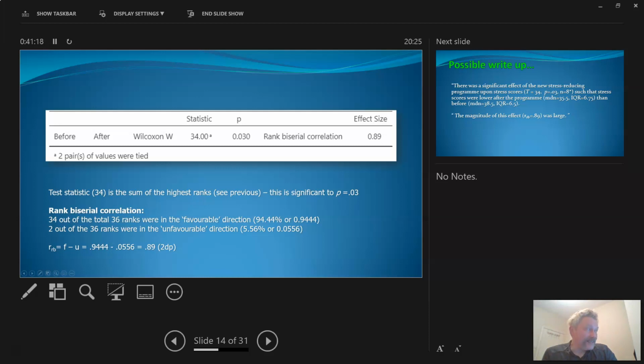Remember, our test statistic was this 34, the highest sum of the ranks, and that's associated with a p-value of 0.03. So again, the idea is, if the null hypothesis is true, what's the likelihood of our obtaining our pattern of scores, where 34 out of 36 ranks indicated that the stress levels had decreased after the intervention?